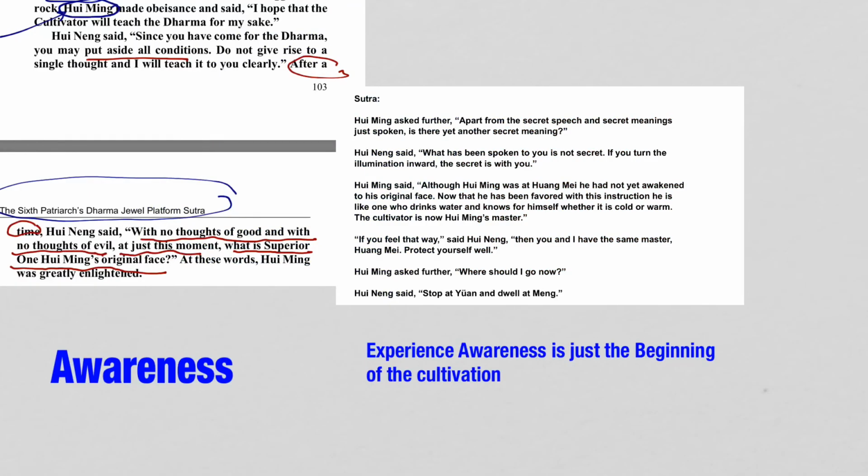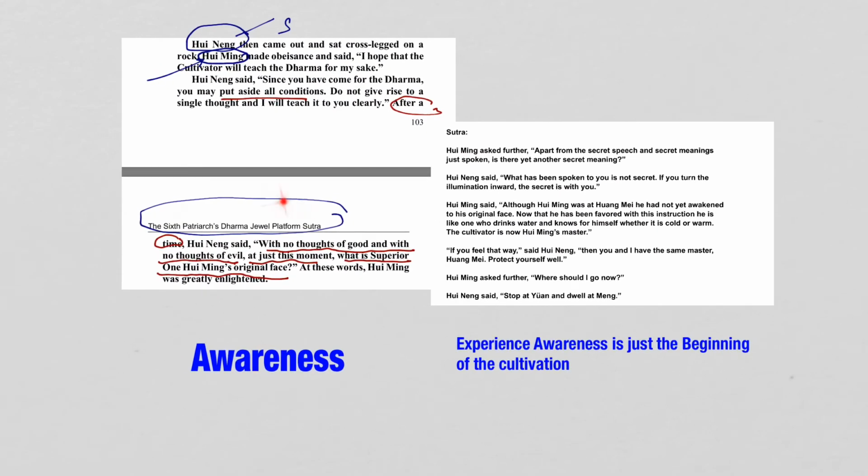So that is what is in the Sixth Patriarch Sutra. It is a very critical Zen sutra because it tells you what it is. So awareness has to be experienced, and then after the experience of awareness, there's just a beginning to say, well, starting from today, I want to protect myself, or I want to get back to awareness all the time.